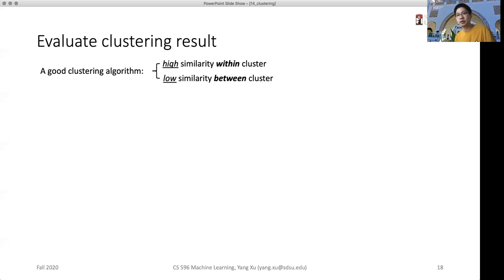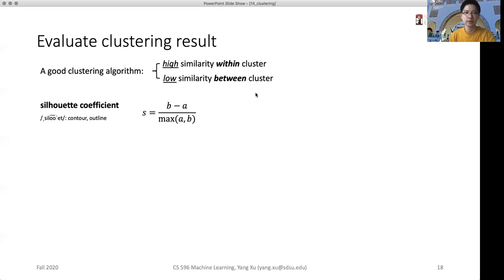That is our basic principle, and we want an algorithm to automatically follow this principle. So people invented the so-called silhouette coefficient, which is a computational metric to evaluate the quality of clustering results.